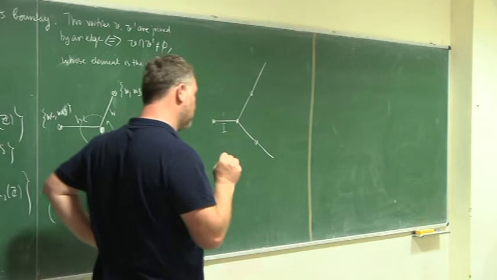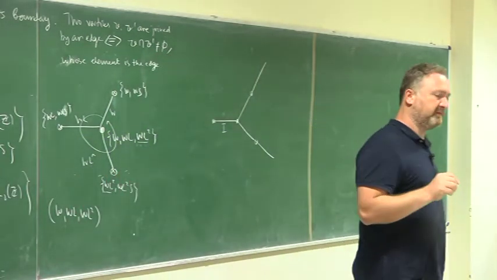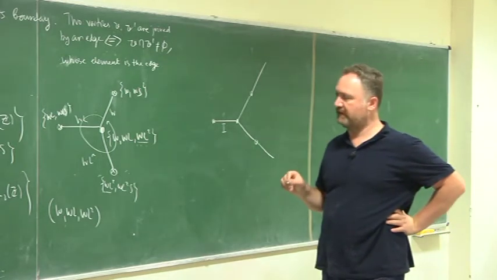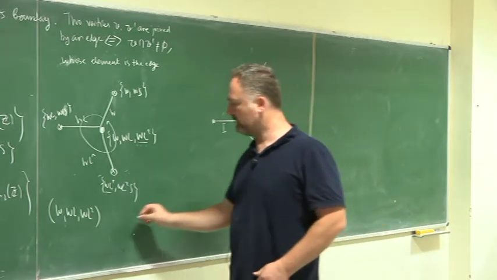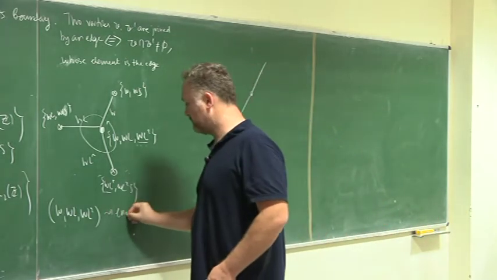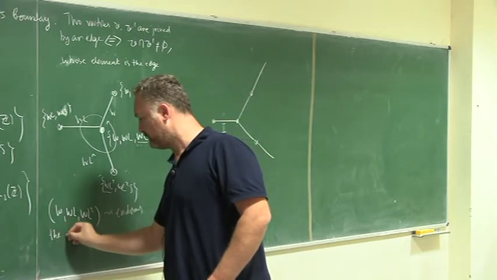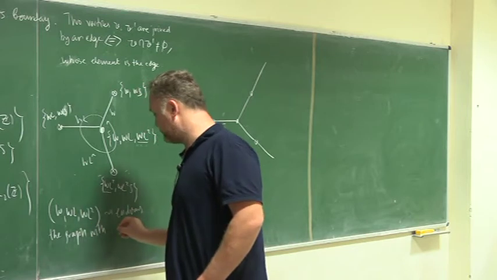So for each vertex of degree 3, I have a fixed cyclic ordering, and this cyclic ordering endows my graph with what is called a ribbon structure.